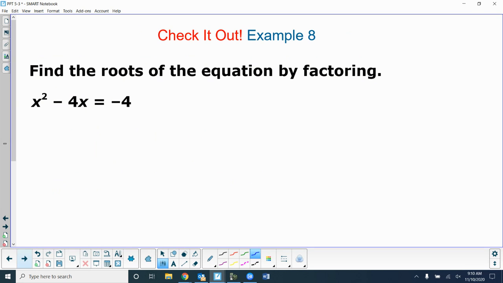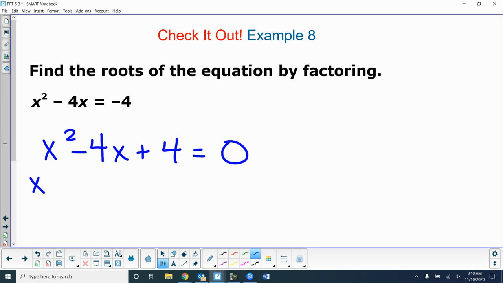What do I got to do with this one? Set it equal to 0. What do I got to do with that negative? Add it over. Are those both positive perfect squares? Yes. What's the square root of that? X, square root of that. Multiply them. Is that half of that?